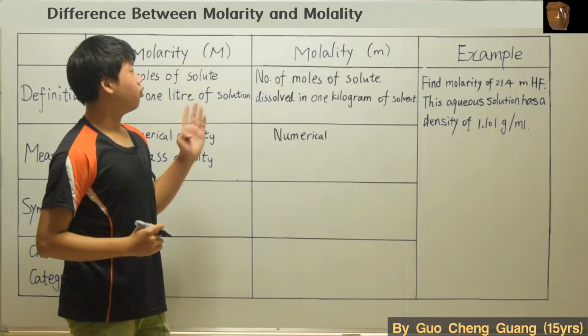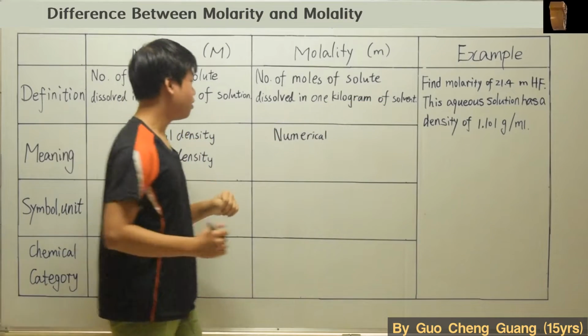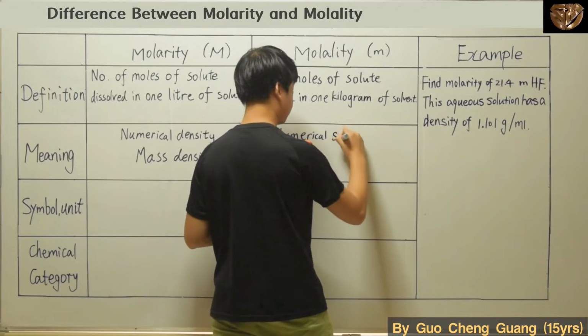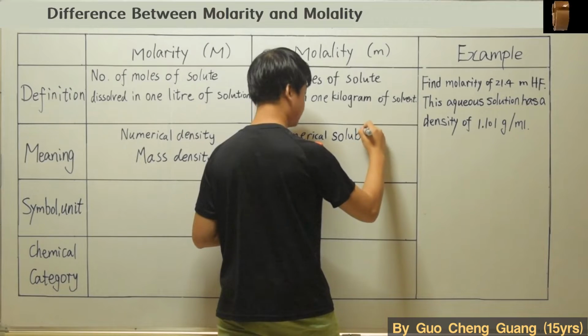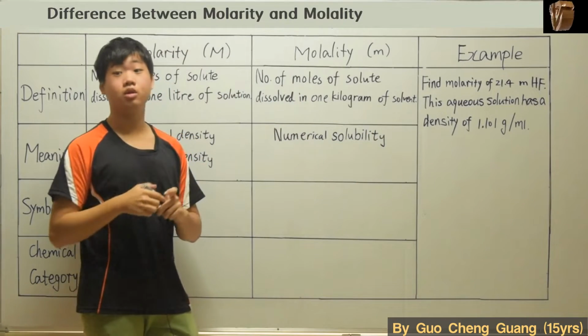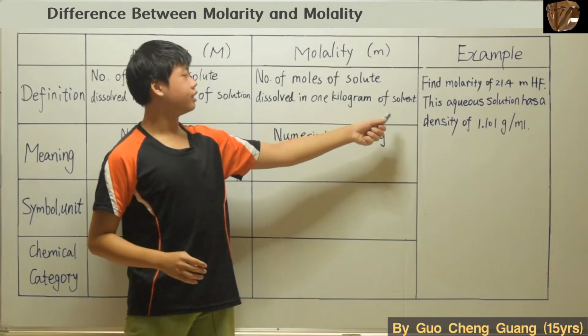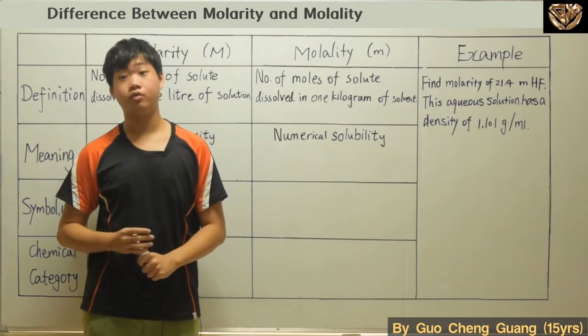When you dissolve this amount of solute in solvent, you can take it as solubility. Alright? So numerical solubility. So solubility as in this amount of solvent can dissolve this amount of solute.